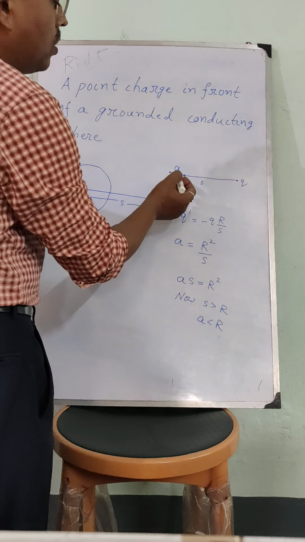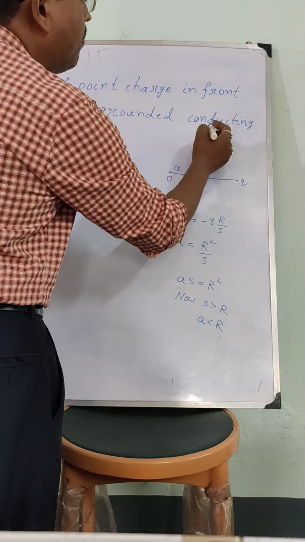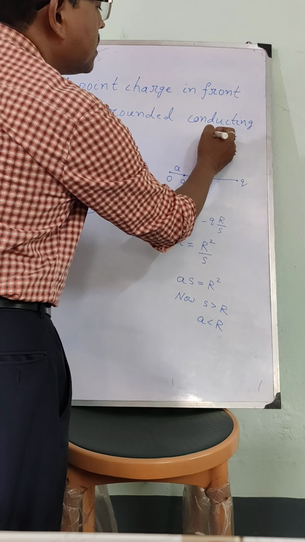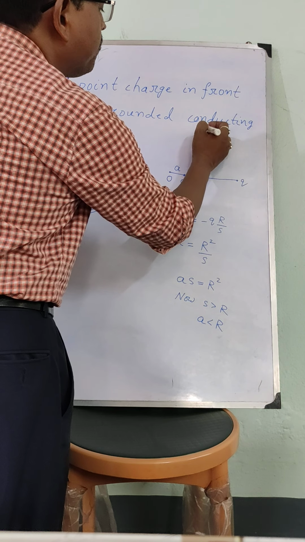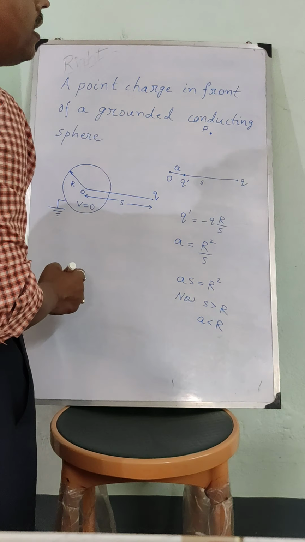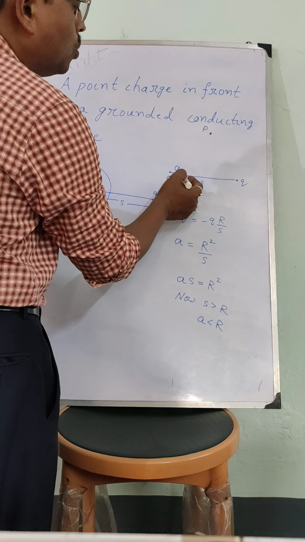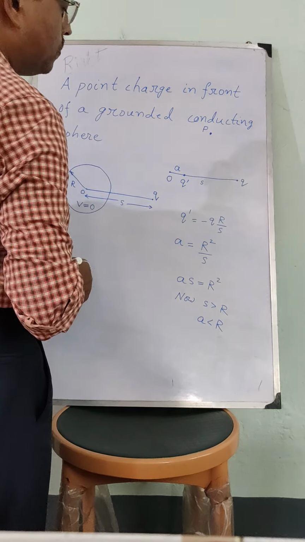So we have replaced the original problem by this 2 point charges problem. Okay, now we will calculate the net potential at an arbitrary point. Suppose this is a point P. I am taking it arbitrarily. Now I will write down the potential at this point due to q prime and q.